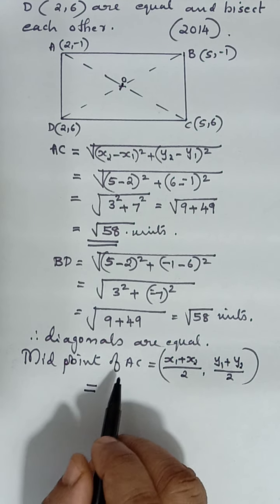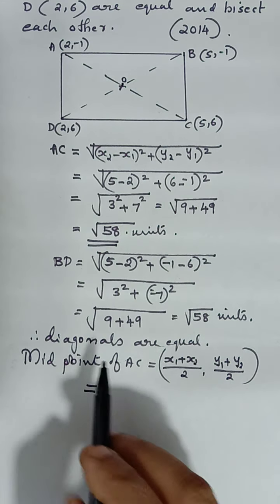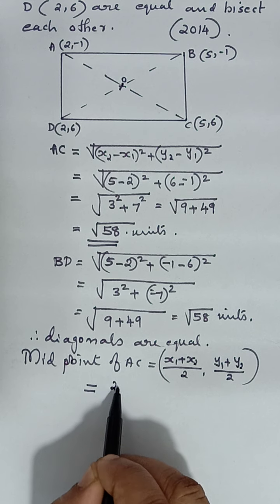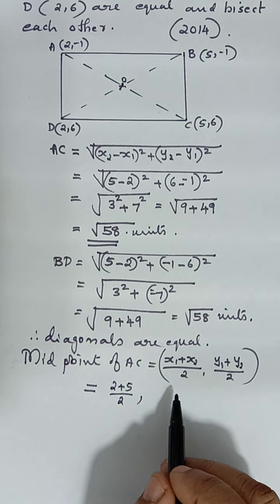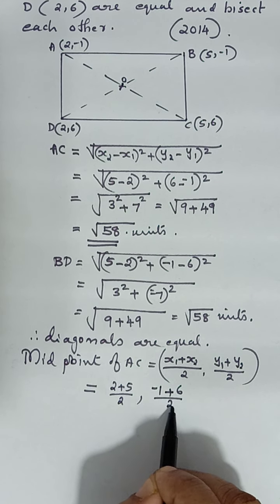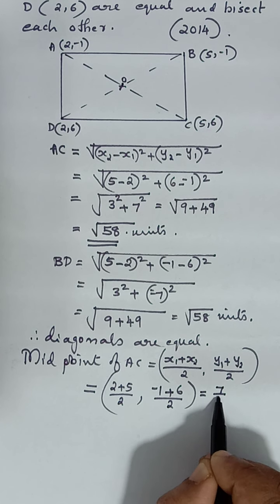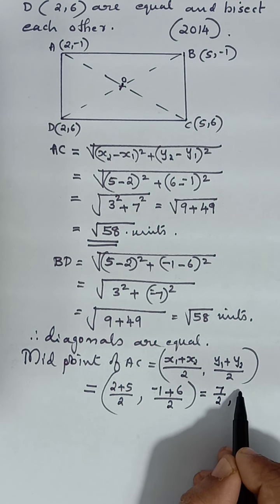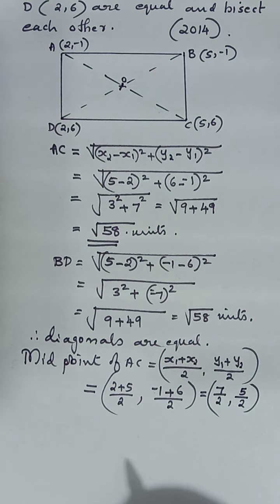Substituting A (2, -1) and C (5, 6): 2 plus 5 divided by 2, and minus 1 plus 6 by 2. 2 plus 5 is 7 by 2, minus 1 plus 6 is 5 by 2. So we got the midpoint of AC.